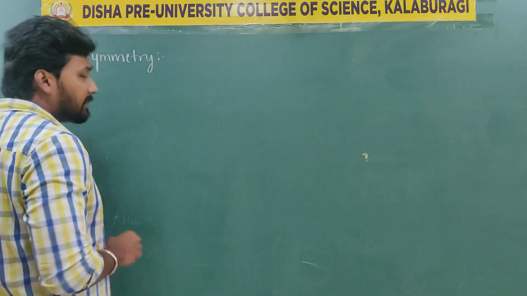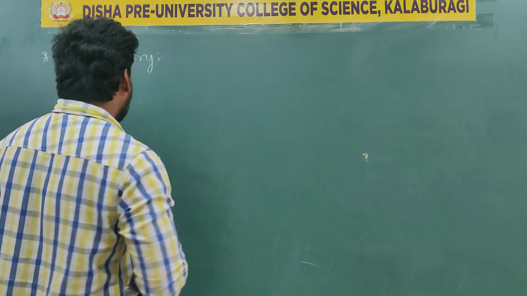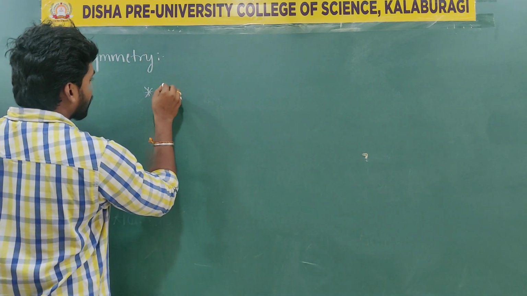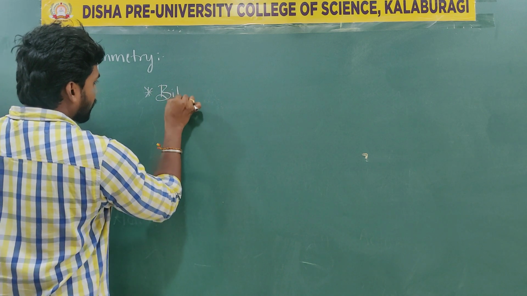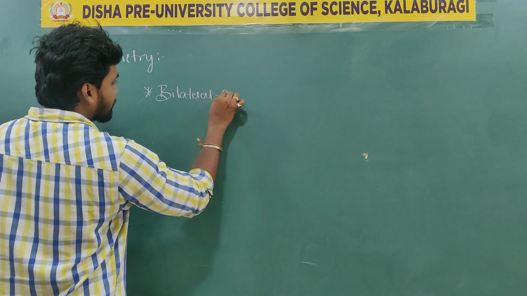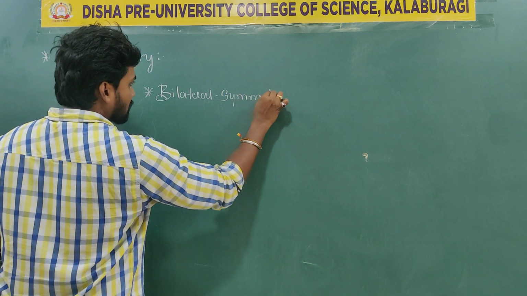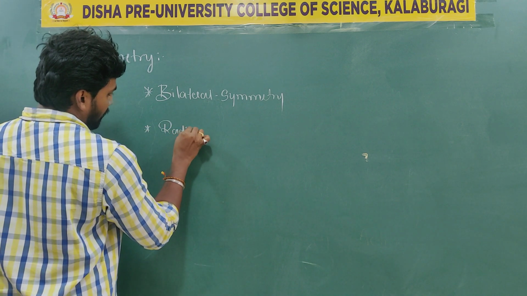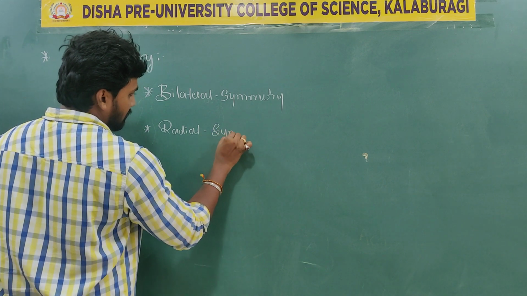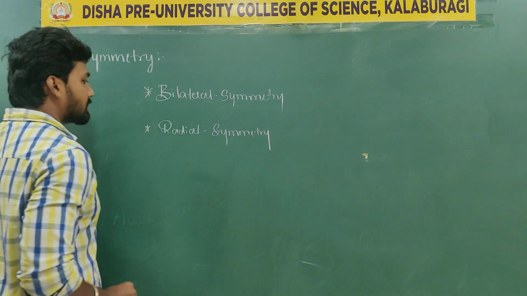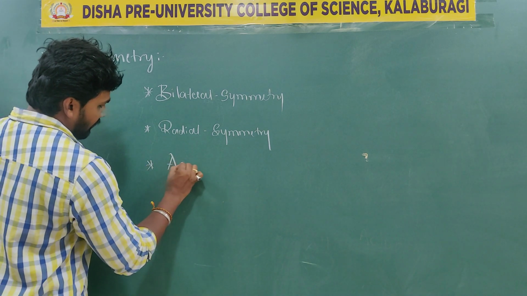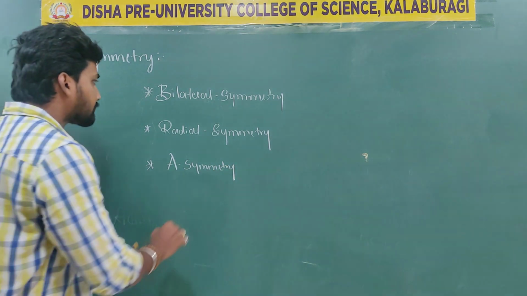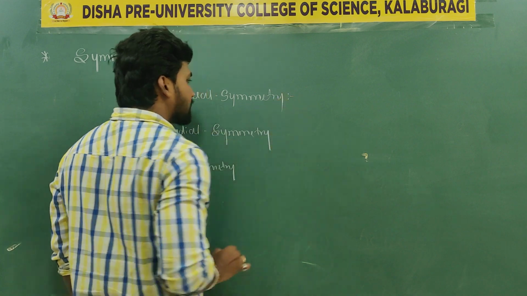On the basis of symmetry, animals are classified into three different types: bilateral symmetry, radial symmetry, and asymmetry.